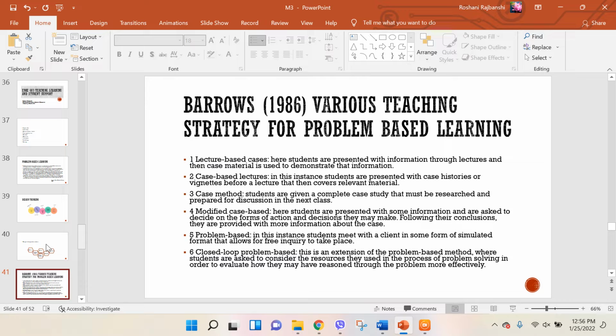Problem-based itself is another one of the various teaching strategies that we can use for problem-based learning. And another one is closed-loop problem-based learning. So you can read the definitions of each teaching strategy over here.